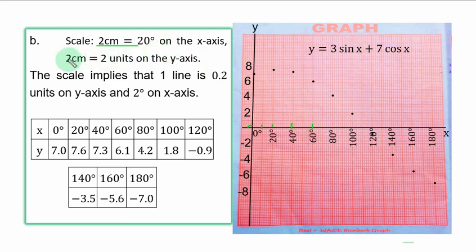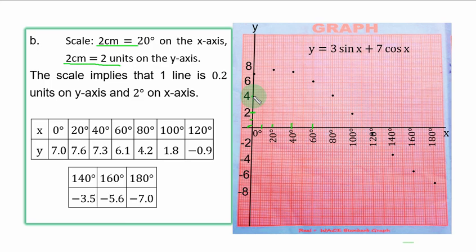On the y-axis, 2 cm to 2 units. From the origin 0 to the end of the second bus is 2 cm. You give it 2 units. What it means is that 1 cm is 1 unit. So if here is 1, you have 2, then 3, you have 4. But you have to write the figures the way the scale is given.